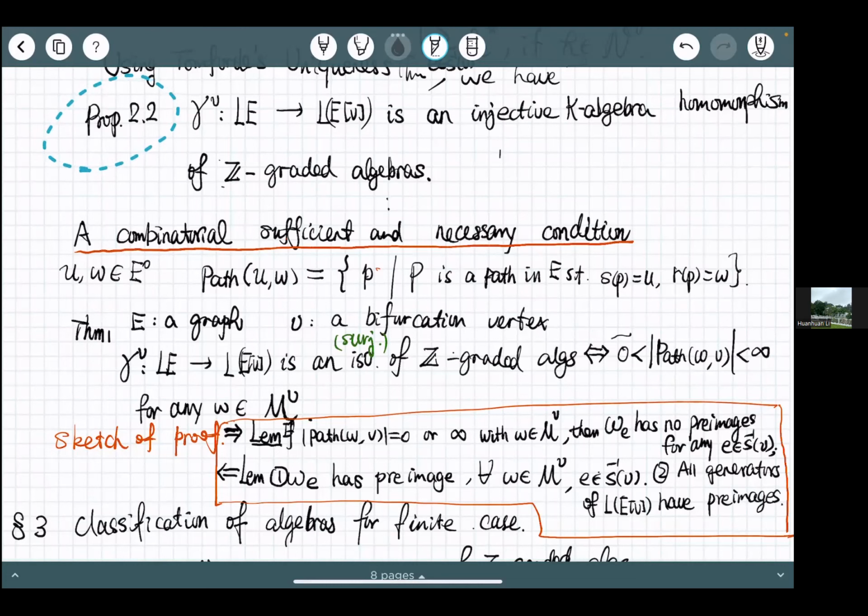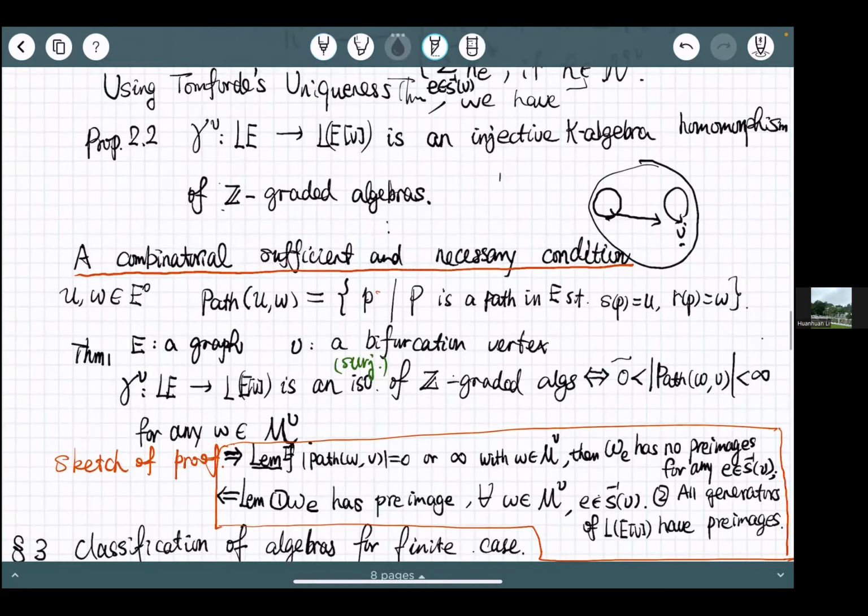If there is a closed path at V, then you have infinitely many paths from V to V, so that condition is not satisfied. You're right. So when V has a loop there, gamma V is not surjective, and not an isomorphism. In general, if there are any closed paths ending at V, then gamma V is not surjective.